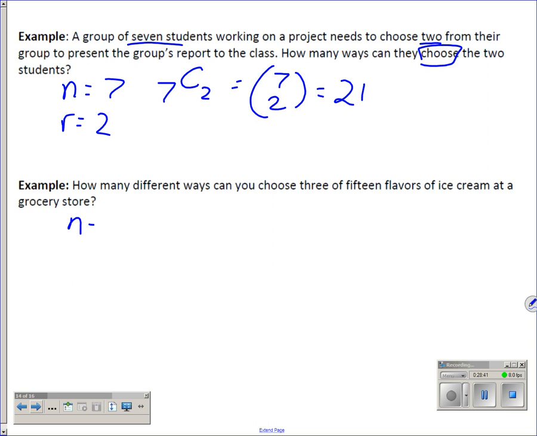So n is 15. r is 3. So you want to do 15 choose 3. 455? Yep. Now, if you were to do 15P3, that would arrange those flavors. It's almost adding a bunch extra. That would be a lot bigger number. That would be 15 times 14 times 13, which is a lot.